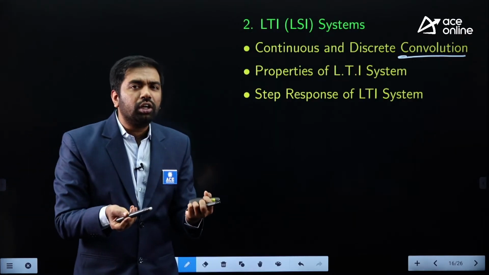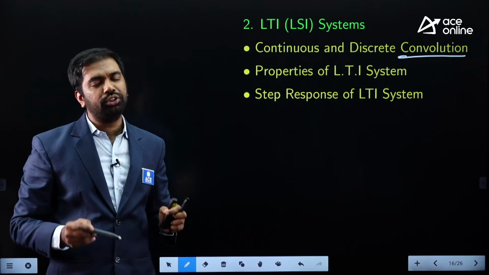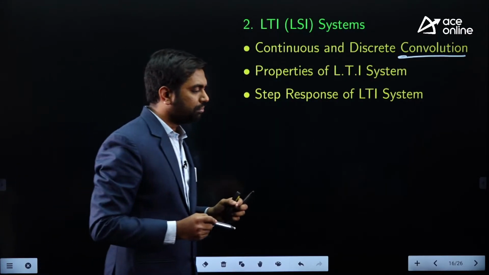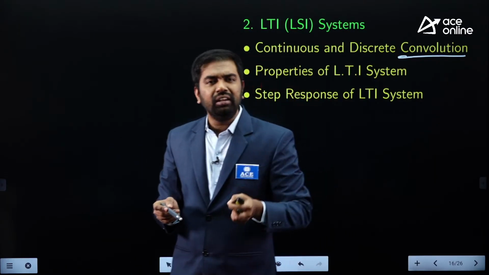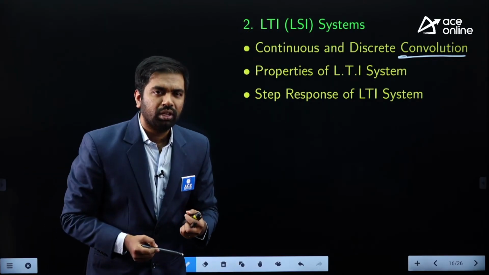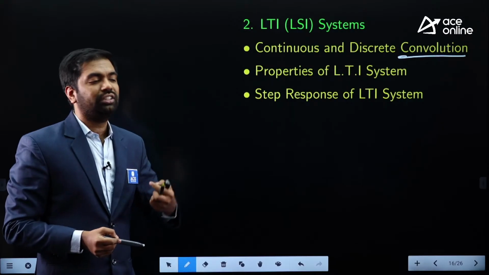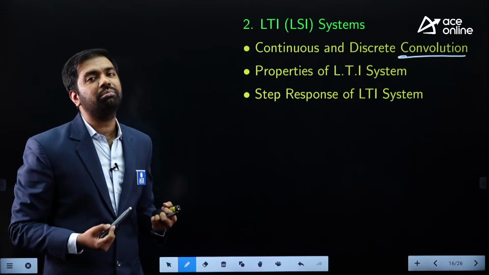In many of the questions, just by understanding the properties of convolution, you can answer. If you convolve two waveforms and you know the starting and ending points of the resultant waveform, you can answer some questions. There is something called the area property of convolution; if you know that, you can even answer some questions.